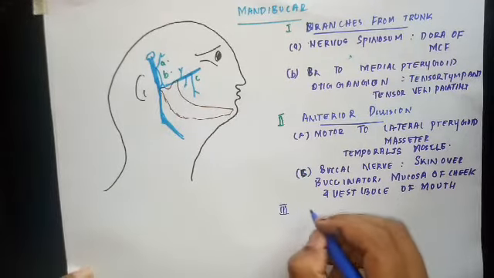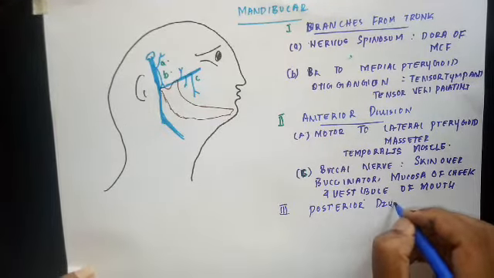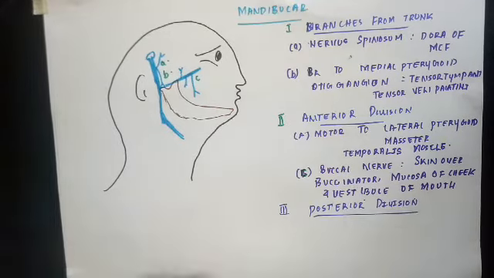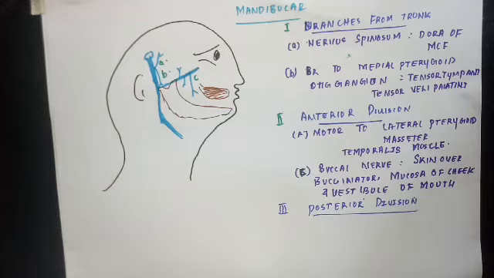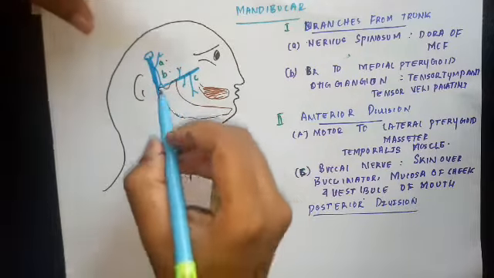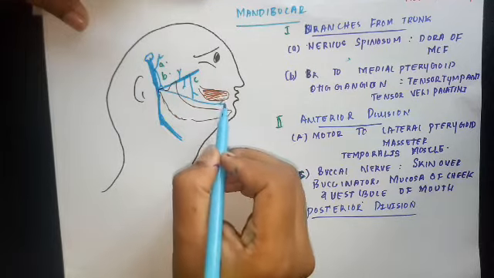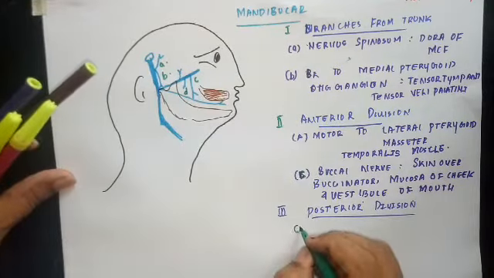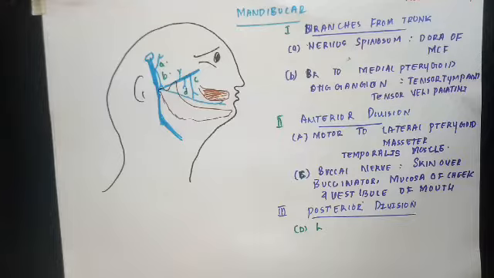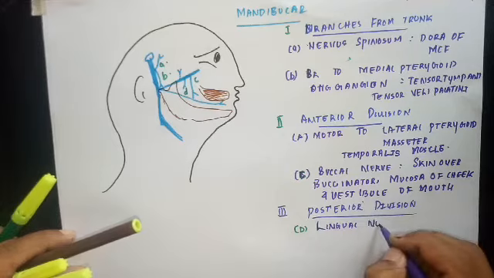From the posterior division, if this is the tongue, underneath the tongue there is one branch that is known as the lingual nerve. This nerve, which is labeled as D, is the lingual nerve.